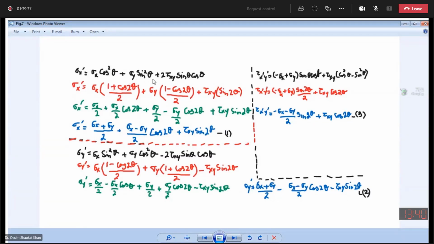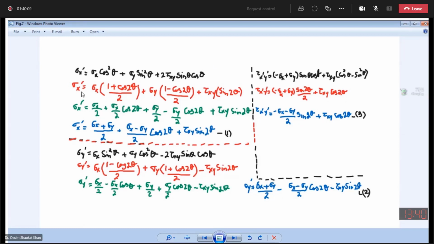The other identity is sine square theta, which is 1 minus cos 2 theta over 2. The third identity is 2 times sine theta cos theta is sine 2 theta. The fourth identity is cos square theta minus sine square theta is equal to cos 2 theta. So these are the four identities which we are going to use to simplify these equations.